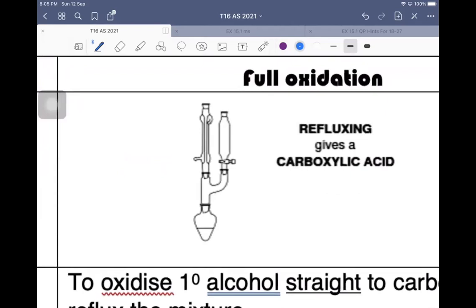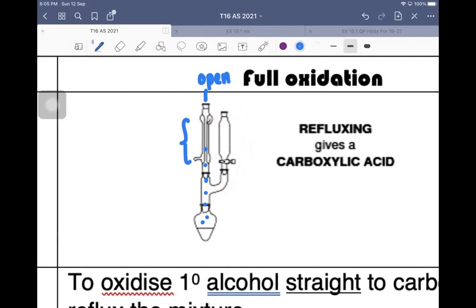Reflux setup is open. This is an open air concept. The side arm is not your Liebig condenser. It's not your condenser. That's just to add your reagents inside your reaction mixture. So that is not part of the collection or whatsoever. When you have carboxylic acid being produced, the vapor will move up.